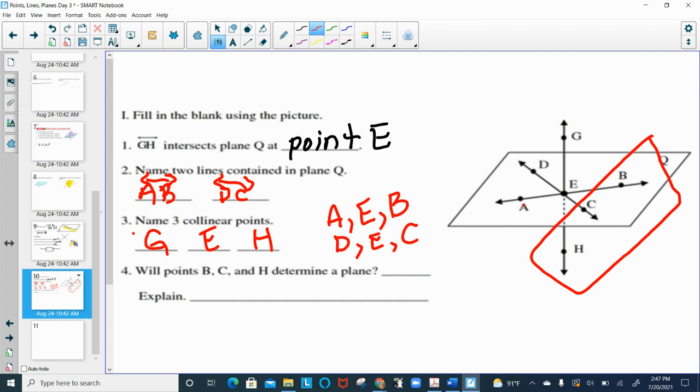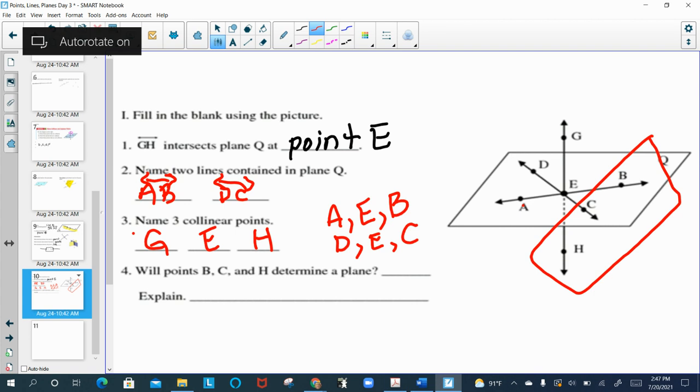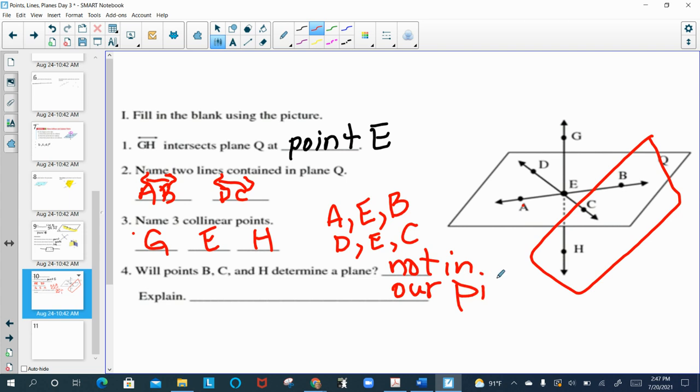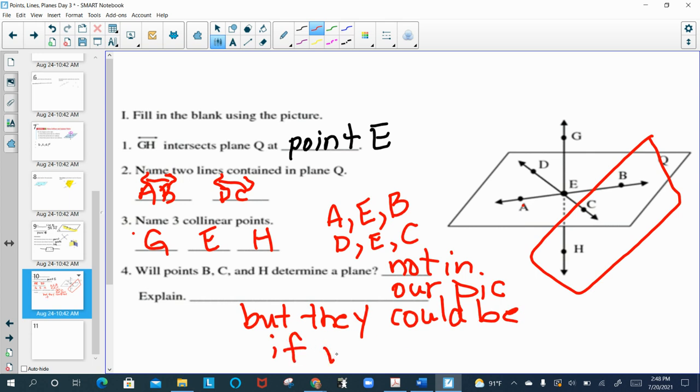No. So what I'm going to do here, and you can write this or not. I wouldn't ask you something like this on a test or anything. I will say, not in our picture, but they could be, if we drew another plane.